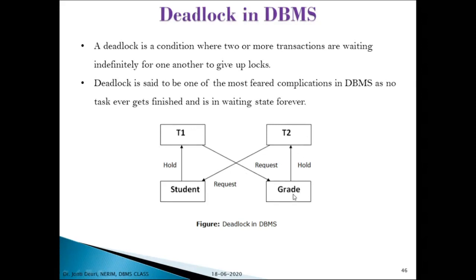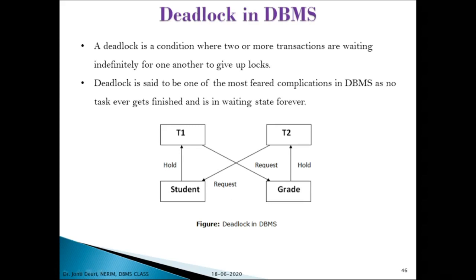T2 is holding only grade, so it is waiting for student. So this is also waiting for T1. Now both are waiting for each other. Which one is going to leave the resource first? This is indefinite, we don't know, right? Till we give some resource or something else, till we stop this, it will be waiting, right?